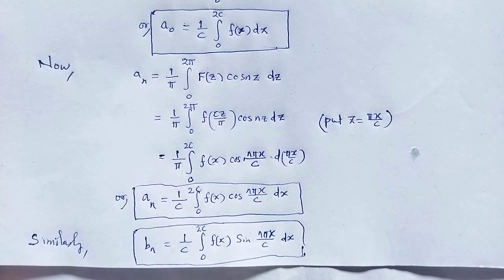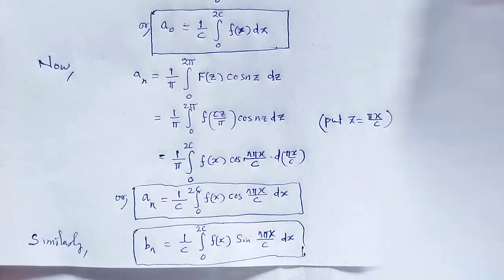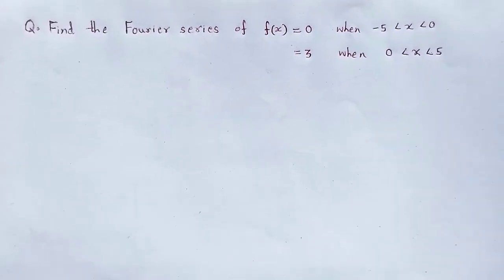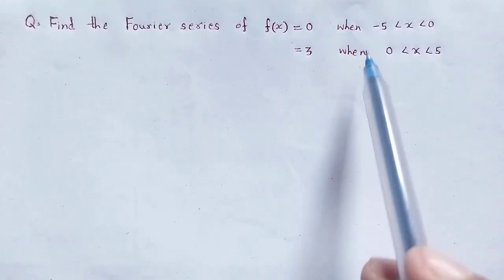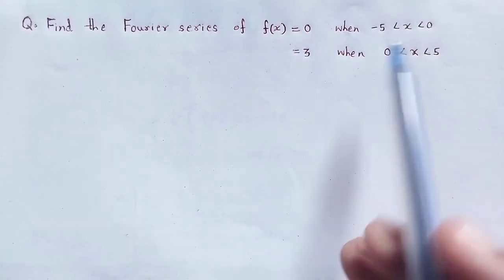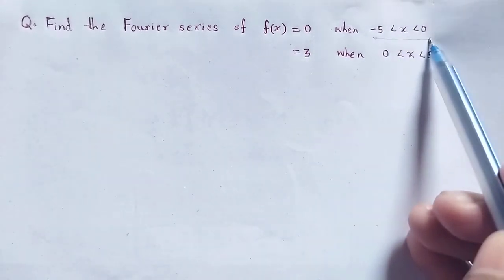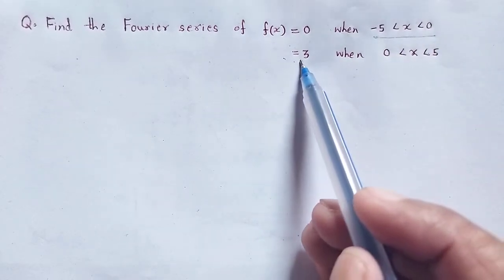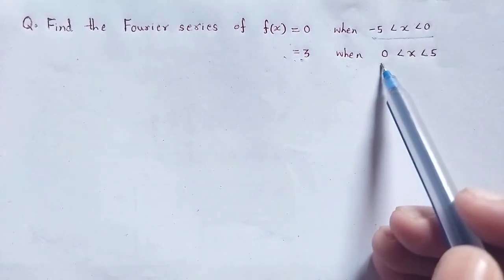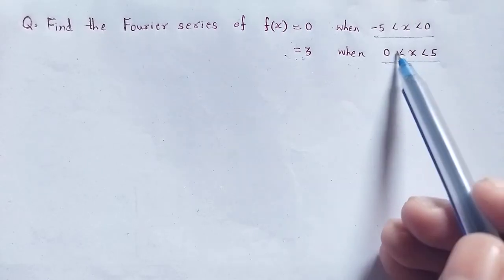Now let us take an example regarding this particular situation. Here the question is, find the Fourier series of f of x is equal to 0 from minus 5 to 0, and the function is 3 when the value is from 0 to 5.